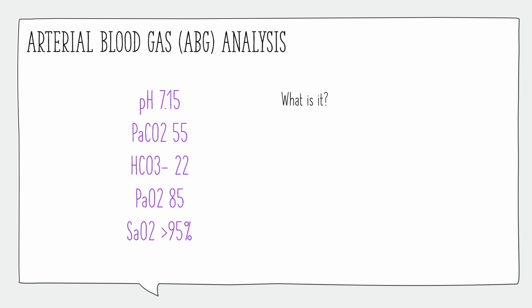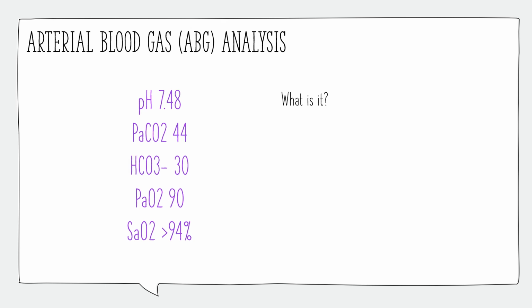Then let's look at our CO2. Whoops, that's high. 55 is high. We know it should be between 35 and 45. So again, if you're looking at your ROME, respiratory is opposite. So respiratory acidosis here. You look at your bicarb, it's normal. So we know it's respiratory acidosis.